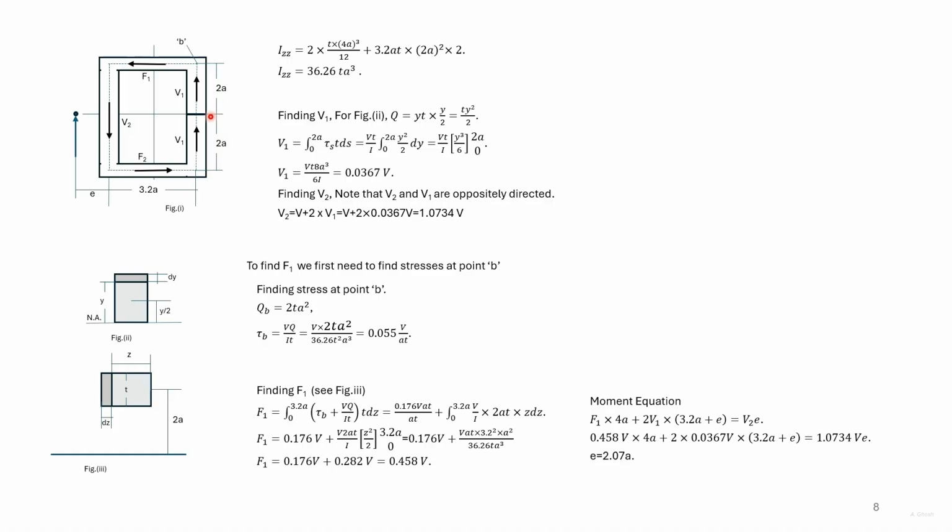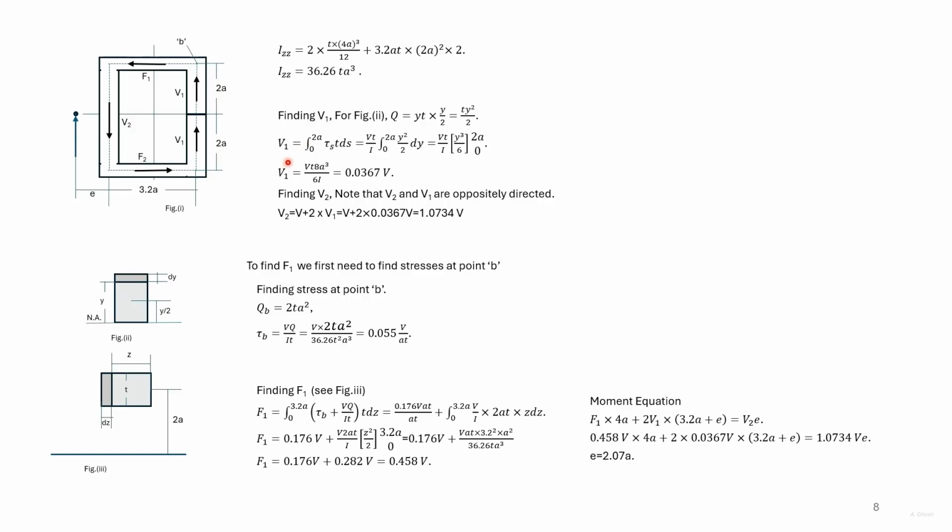We take a section at height y from this free end. Then Q is y into P into y divided by 2. The small element force will be tau s into P into dy.